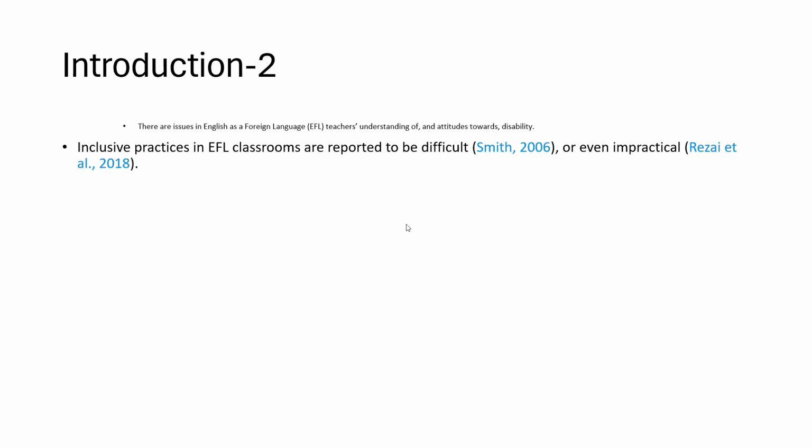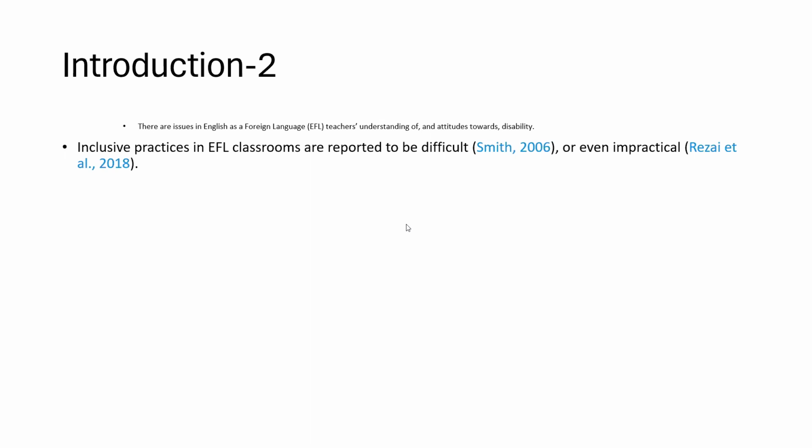Many EFL teachers demonstrate positive attitudes theoretically. Theoretically, they welcome disabled students into regular classes, but practically, they favor non-disabled students.